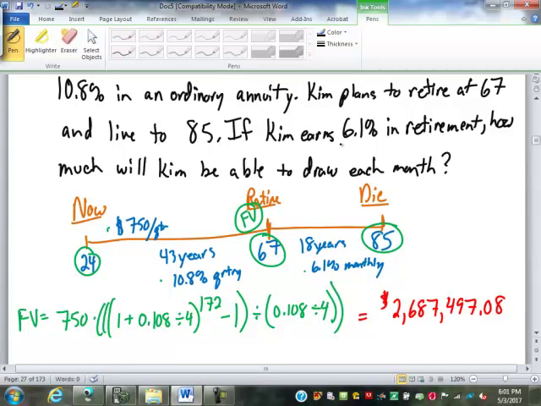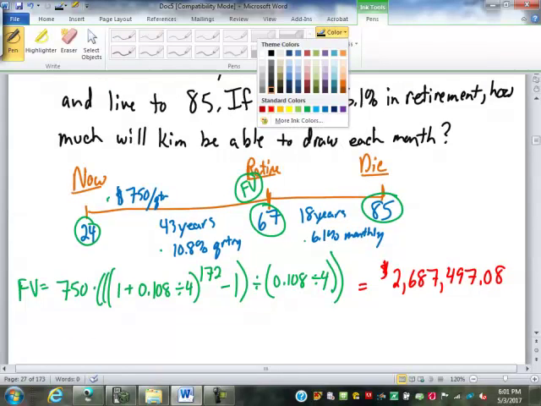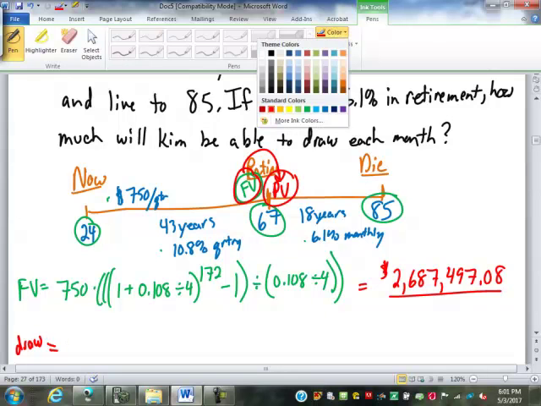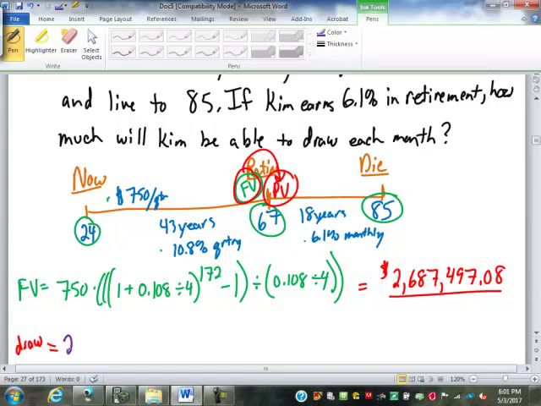So now what? That is the future value here. That becomes the present value over here. So we can calculate the amount that can be drawn out. 2,687,497.08 divided by, what's going to go in here?